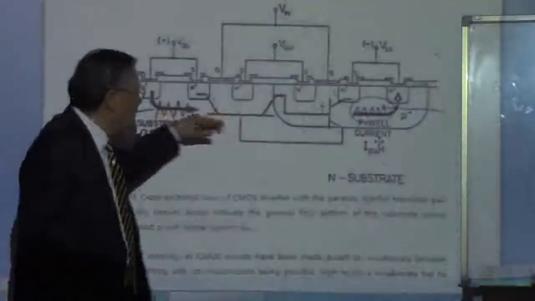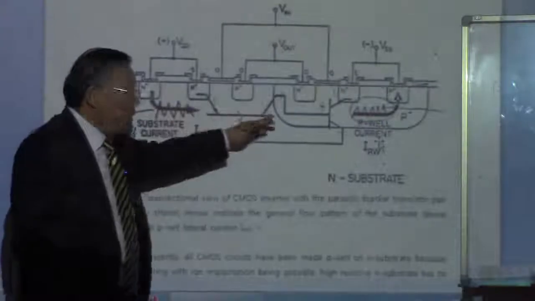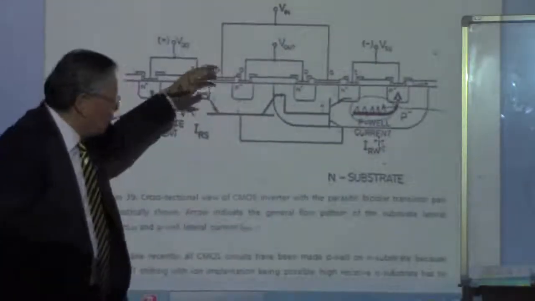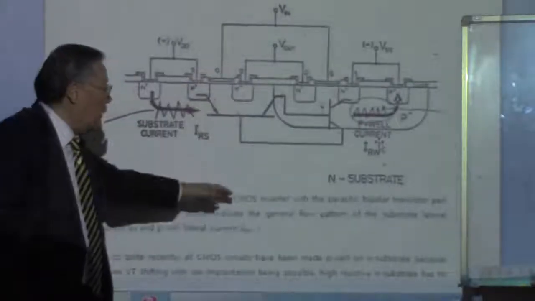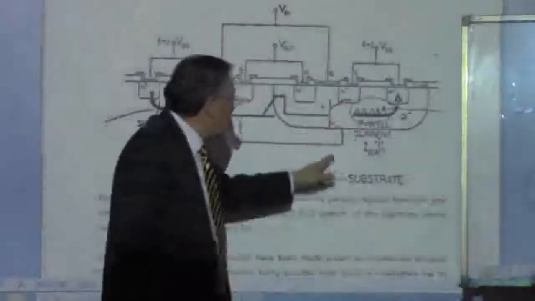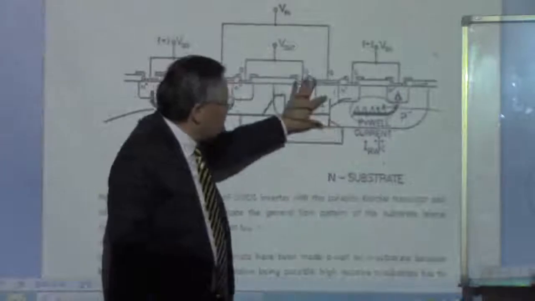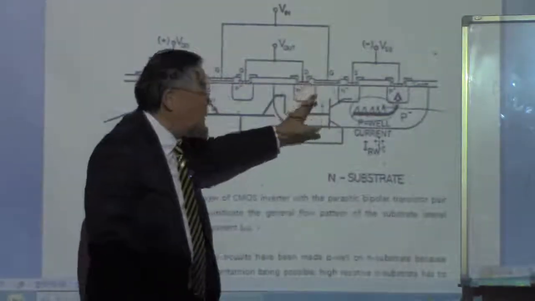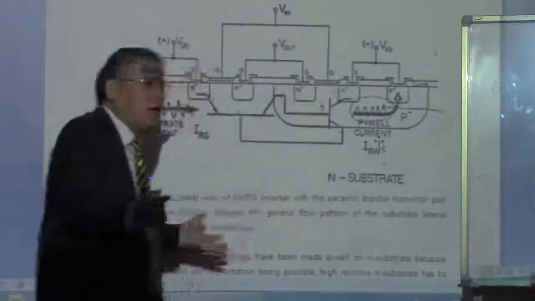This one has a wide base, so naturally it has a low beta, and this vertical one has a narrow base width, so it does have a high beta.